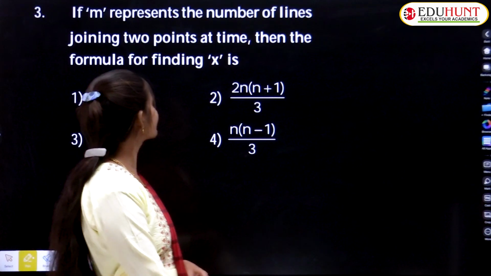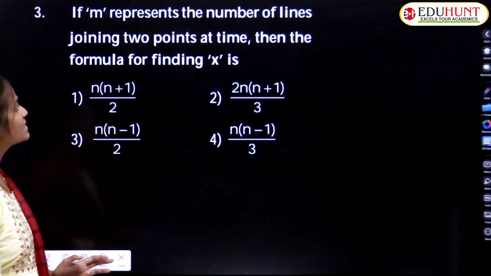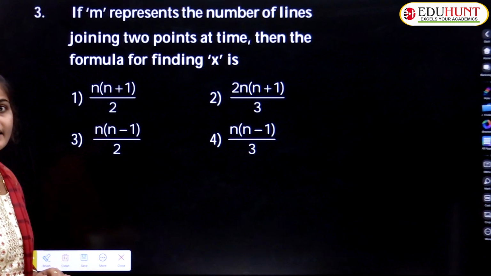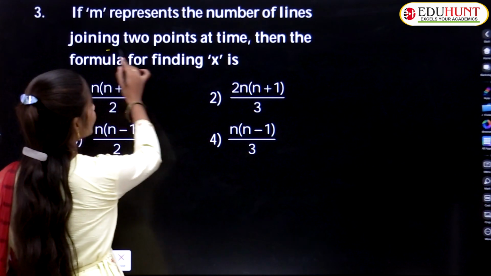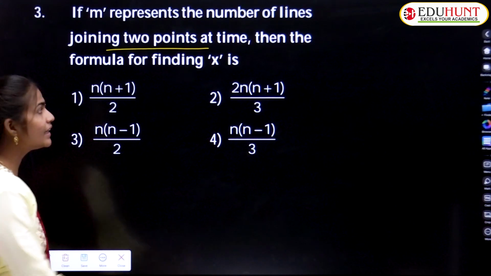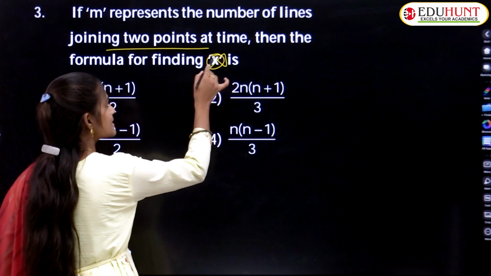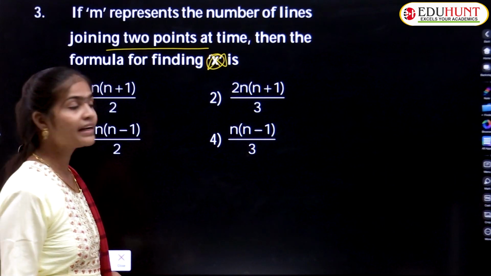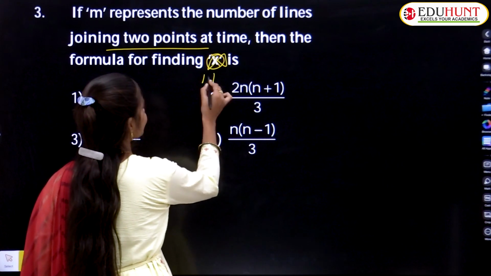So children, see the next question. If M represents the number of lines joining 2 points at a time, then the formula for finding the number of line segments.